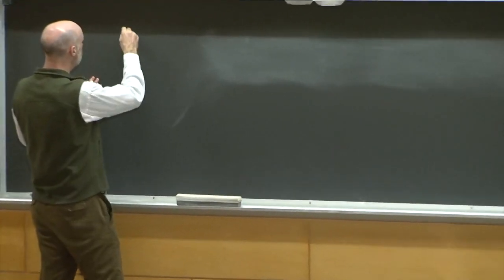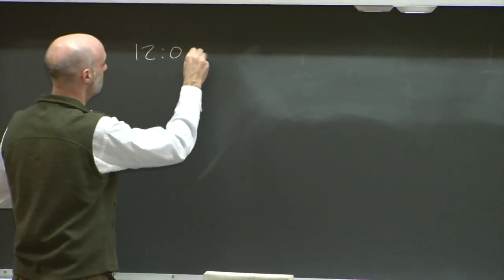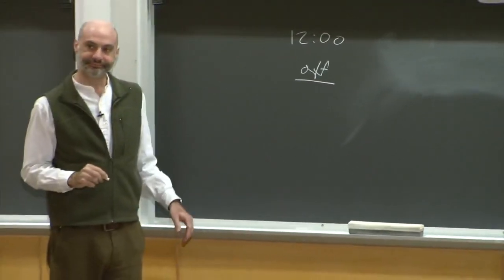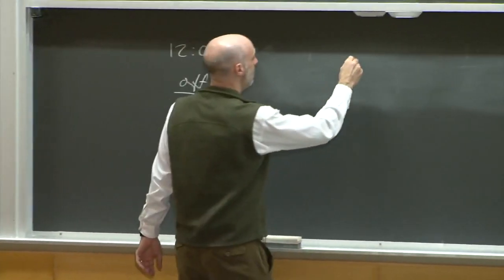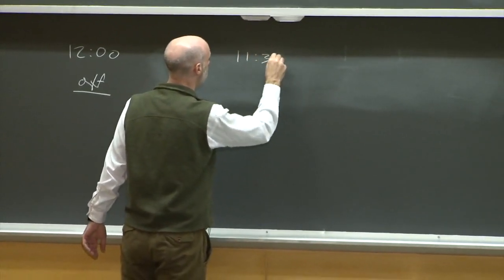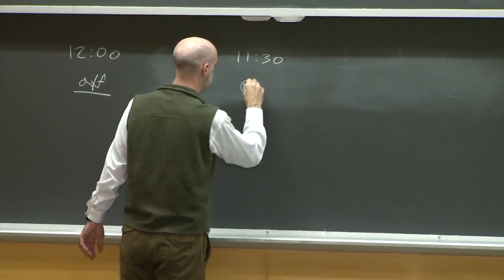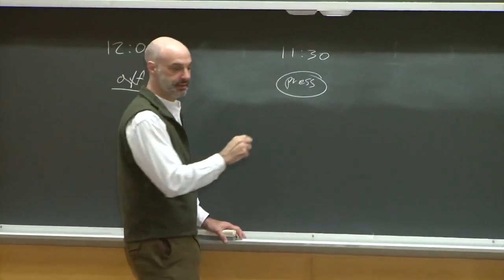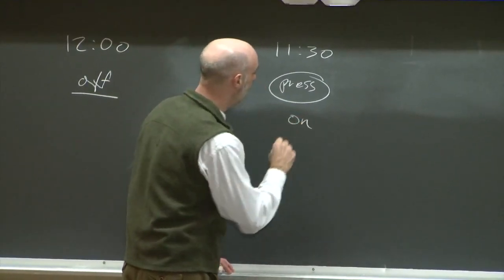So say that at noon, our lamp is off. And then at 11:30, we're going to press the button, with the result that the lamp is going to be on. And then at 11:45, we press again. So the lamp is going to be off.